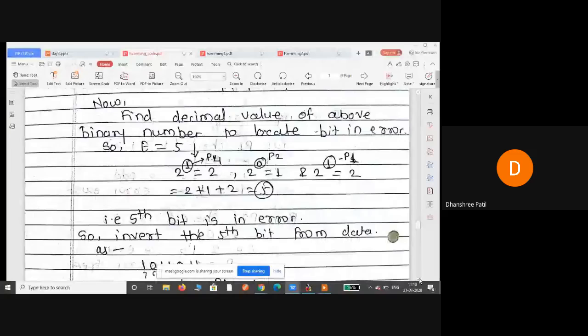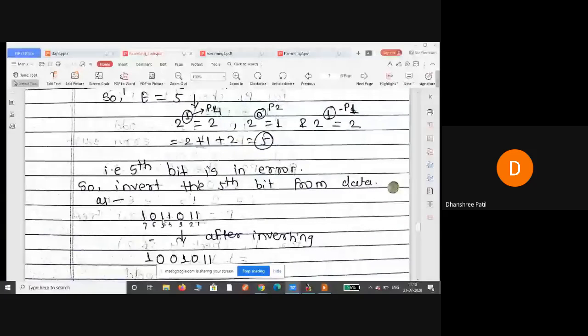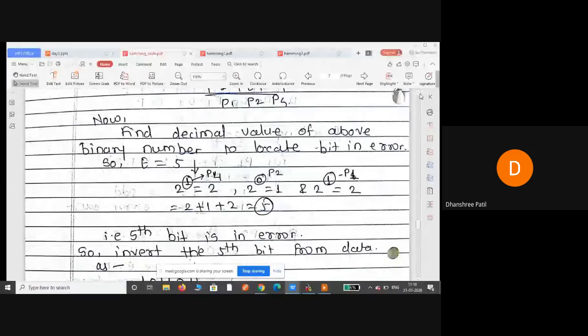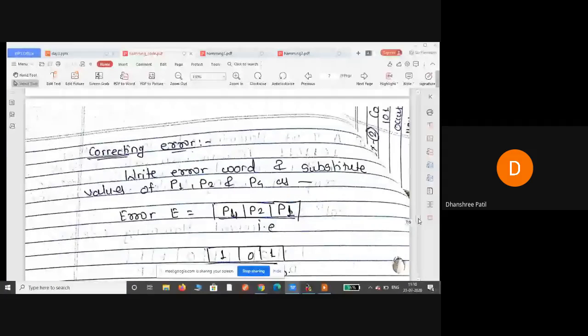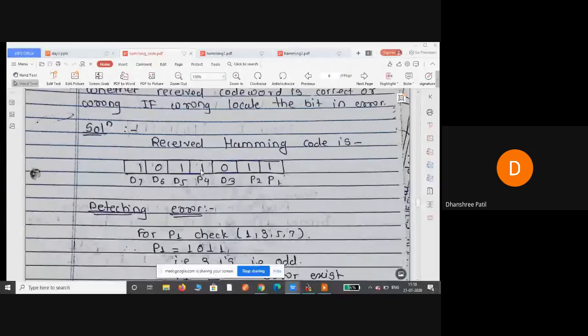In the Hamming code, this one is the original data. 10111011. What is the fifth bit? It is 1. So correction of the error means just invert it. So 1 will become 0. So my data will be 1001011. That will be my data. Finish.